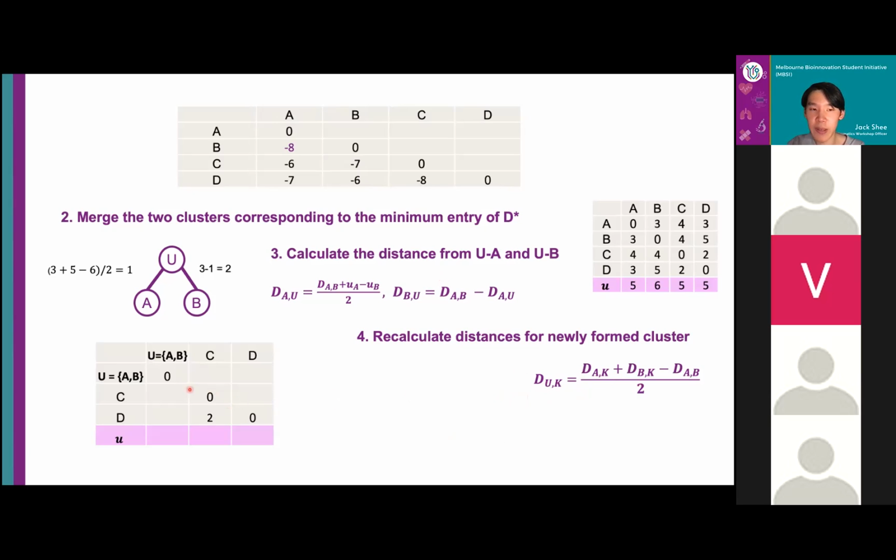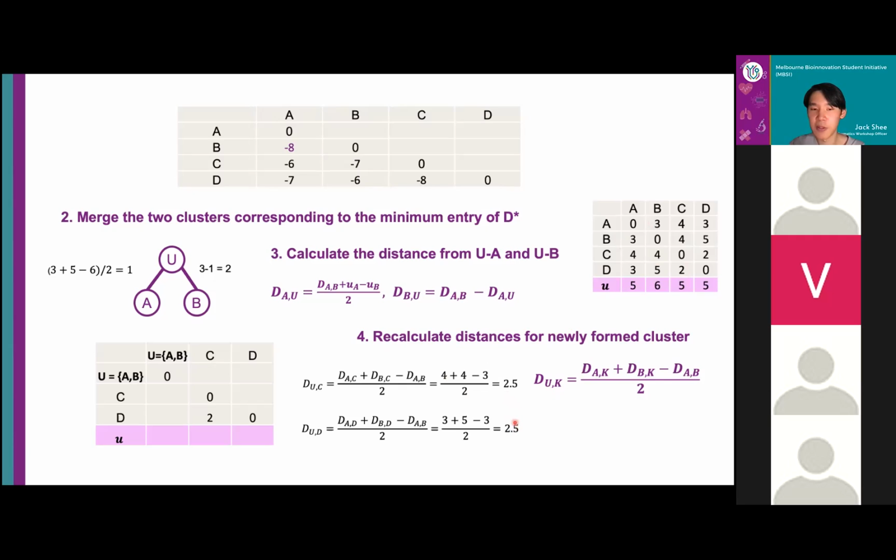So we calculate the distance between U and C and U and D. K corresponds to every single other leaf or every single other cluster except for my newly formed cluster. So for example, U and C is going to be the distance between A and C, plus B and C, minus the distance between A and B. And again, we just pull the values from the matrix and read them off. And then that will give us our distances.